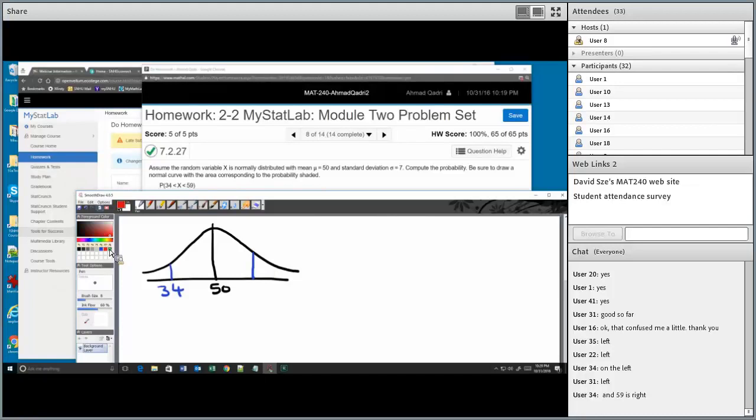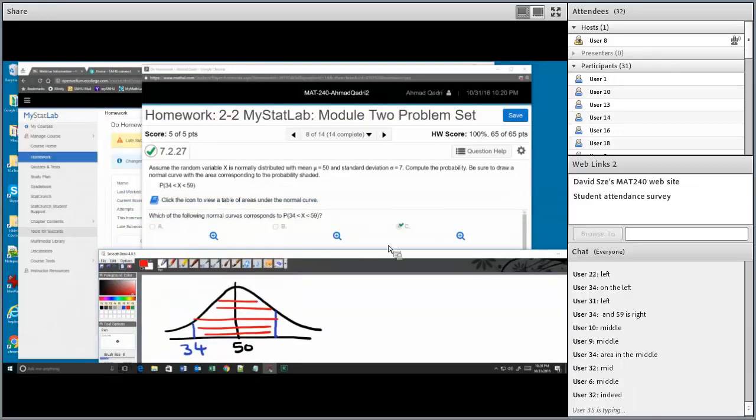Okay, now let's highlight what are we looking for? Are we looking for the area in the middle or the area on the 2 edges? We're looking for area in the middle. Yes, because we're talking about x between 34 and 59. So this is the area we're looking for. We're not going to repeat the mistake we made earlier. We're going to read the problem this time, right?